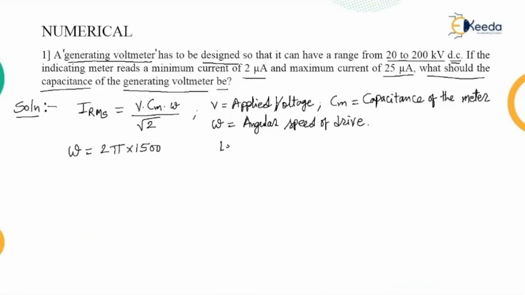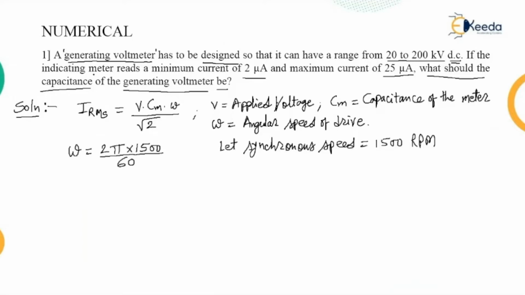So it is twice pi into 1500 divided by 60 for the conversion.